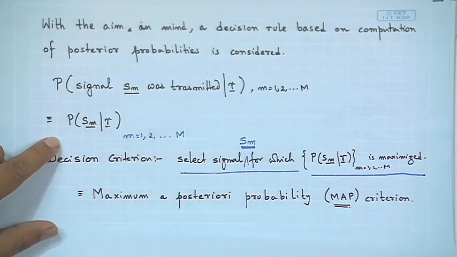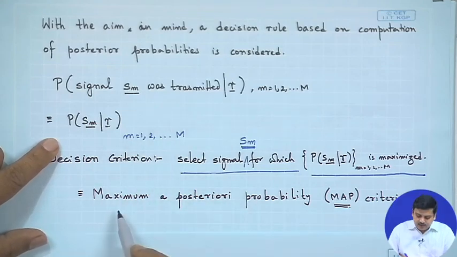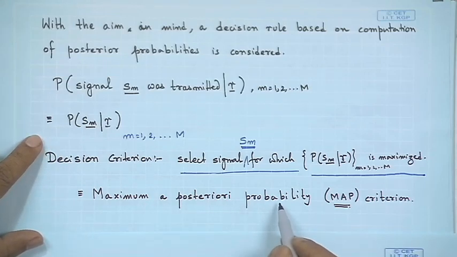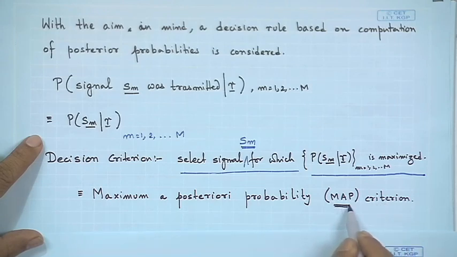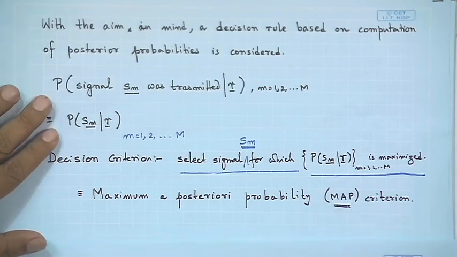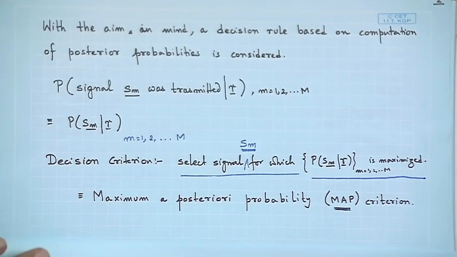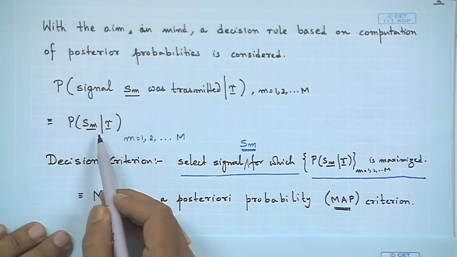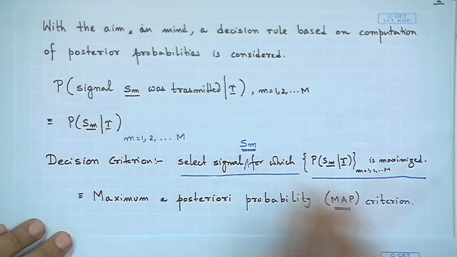This kind of criterion is hence known as the maximum a posteriori probability criterion, and this kind of receiver is denoted by the MAP rule. So this is the rule that we are going to follow. To proceed with this, we have to start looking at what this particular expression tells us.